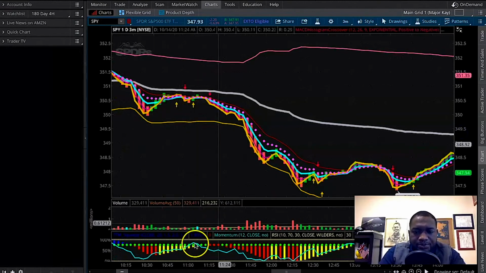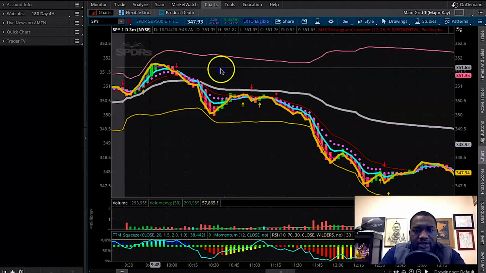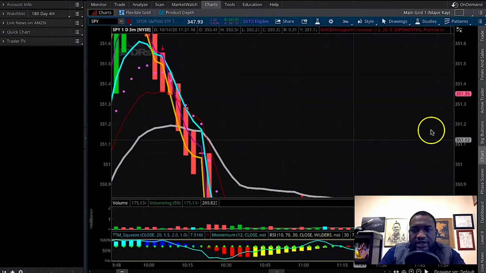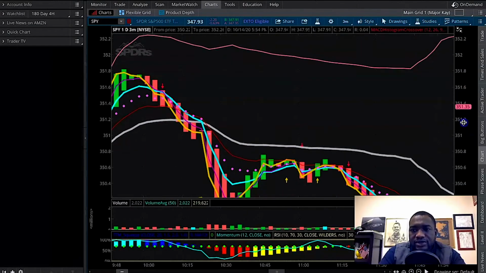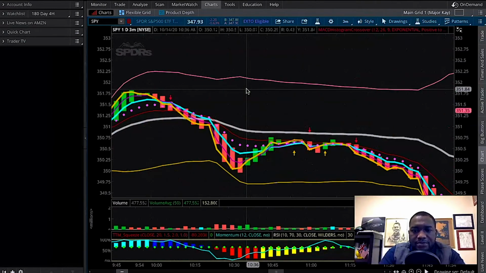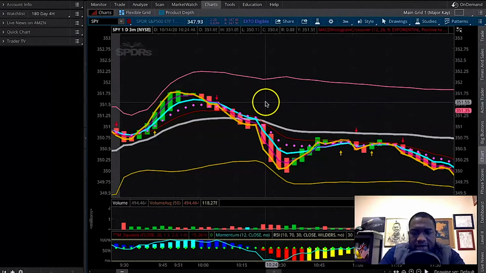Okay. So 10:25 would be around this area. Yeah, around here. Today was a great day to trade. I don't know if any of you guys traded today, but it was a great day to trade. Give me a second. Okay, so this is where we're at right now, and it was around 10:25, which was around this time.